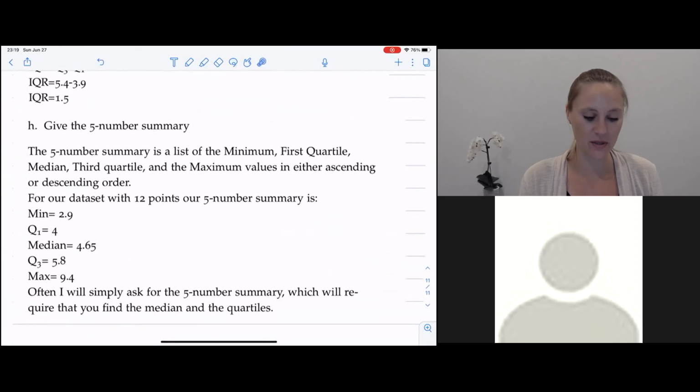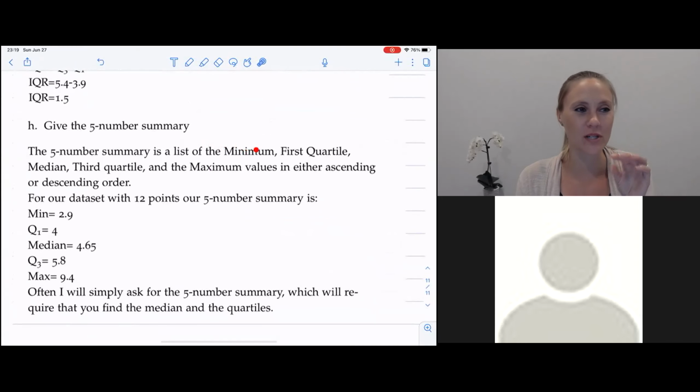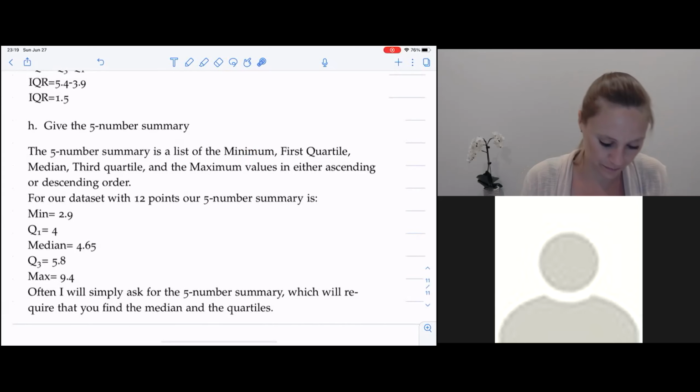The 5-number summary is a list in order of the minimum, the first quartile, the median, the third quartile, and the maximum. I like to go in increasing order, from the minimum to the maximum, but they have to be in order. Otherwise it doesn't make sense.